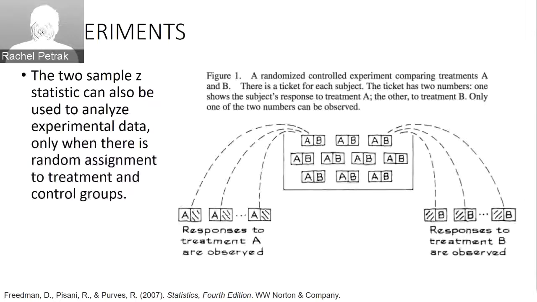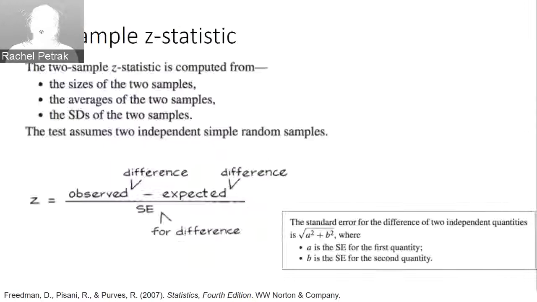There's a bit of a discussion in your book about treating the two samples as independent and drawn with replacement, or as independent or dependent. For our purposes, when we've got separate samples, we can still make the assumption of independence.